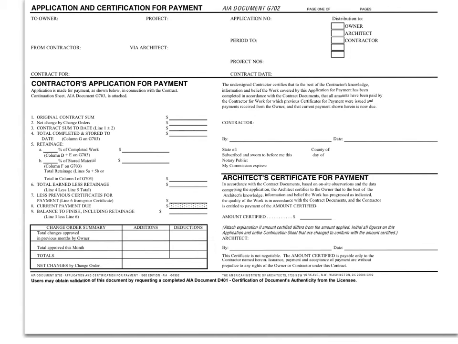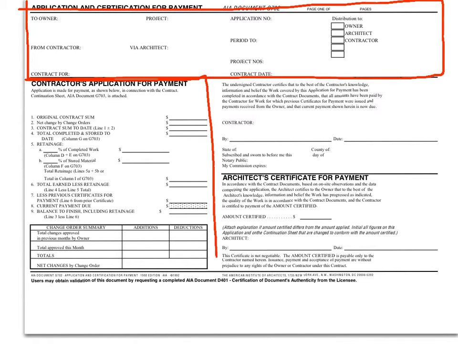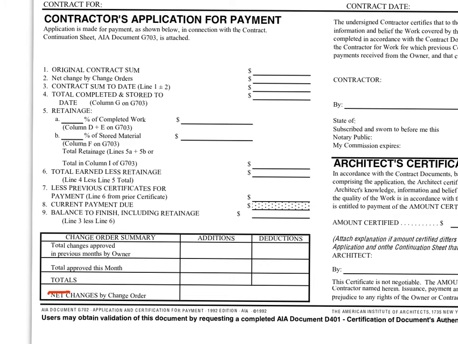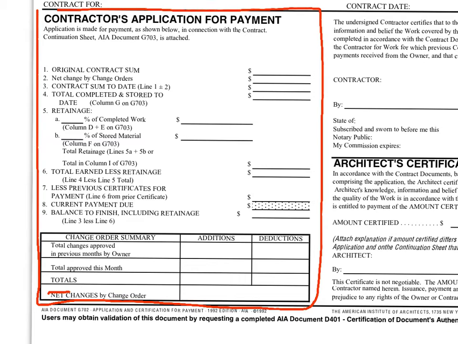So if we take kind of an overall view of this document, you will notice the title block that we just reviewed. You will notice that there's a section for the contractor's application for payment to be detailed. And then there's a certification section to the document. Let's further explore G702 by looking at the contractor's application for payment section. You will notice at the bottom of that section there's an area for a change order summary.